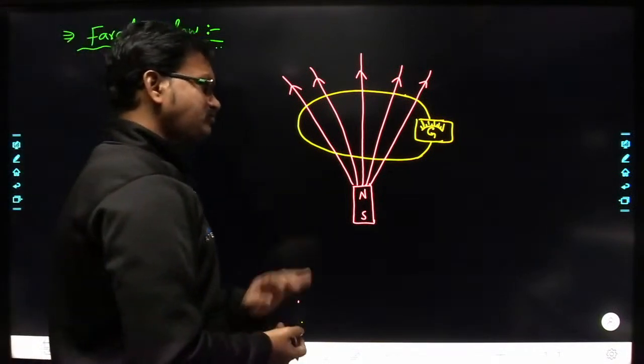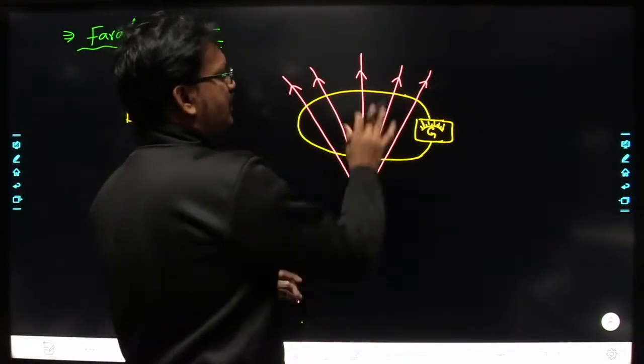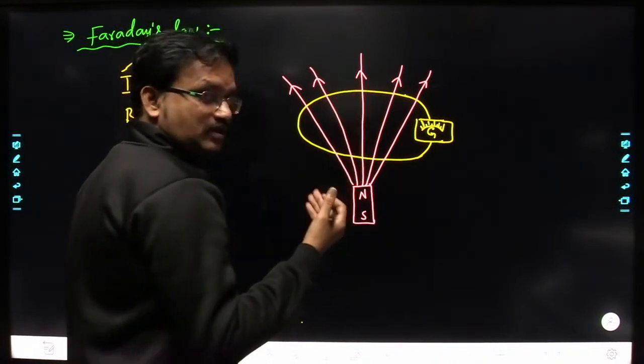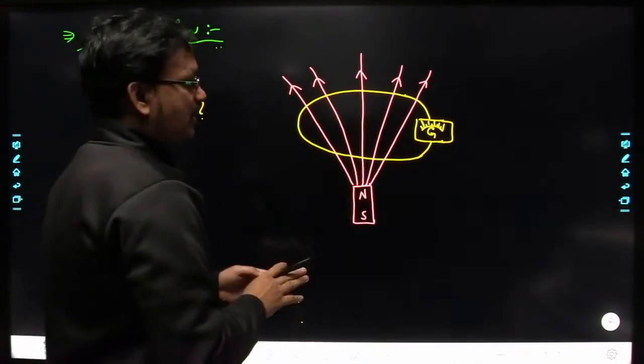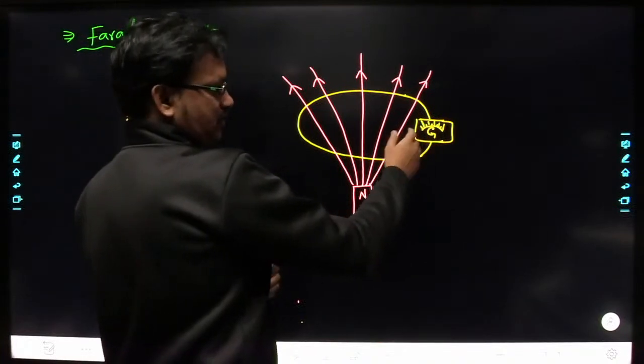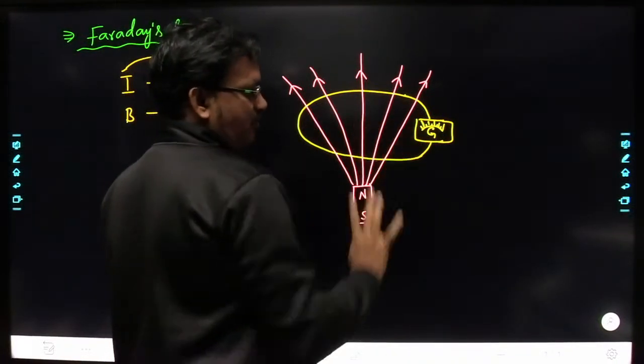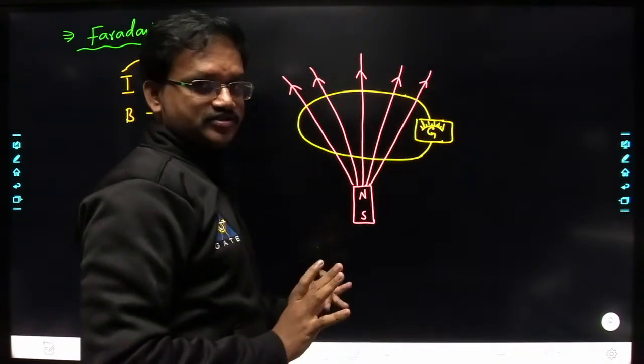Suppose this B field induces some current in the loop, then what will happen? The galvanometer is going to show some deflection. Understood?